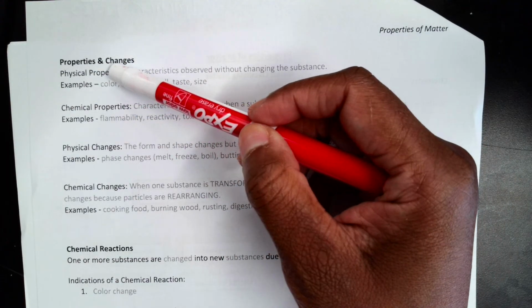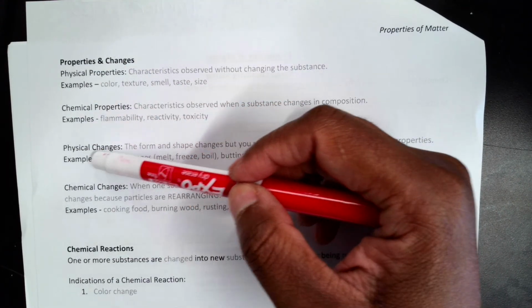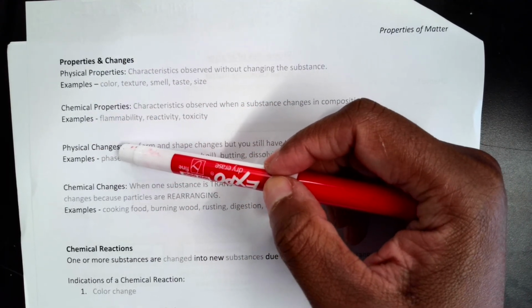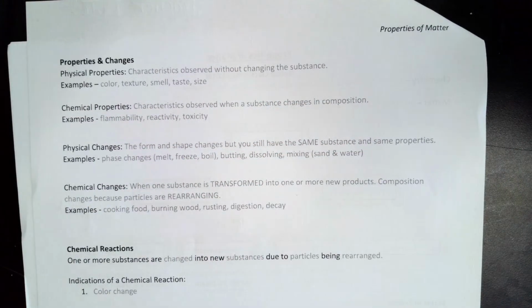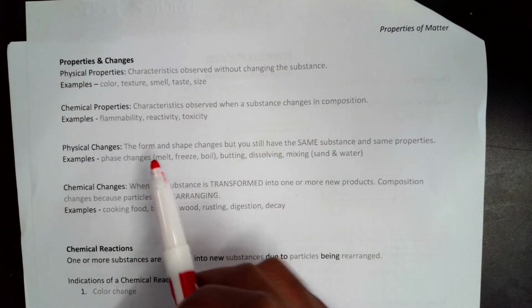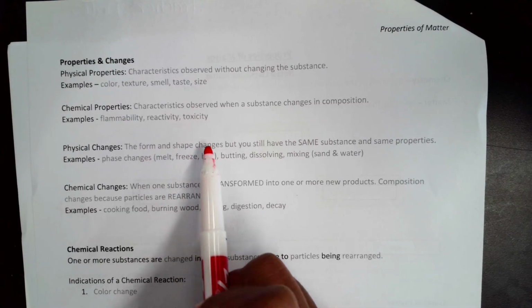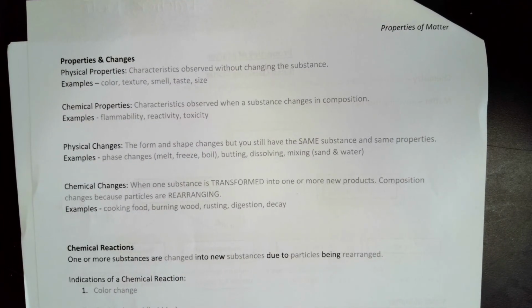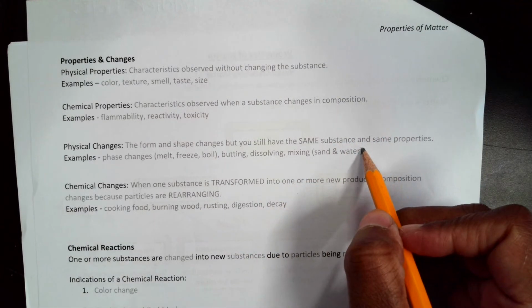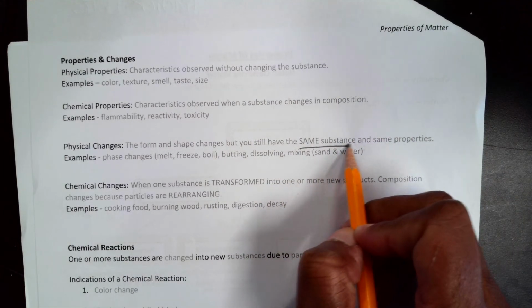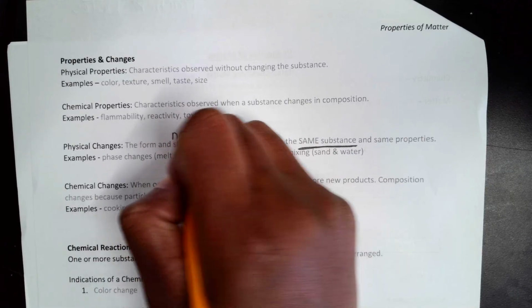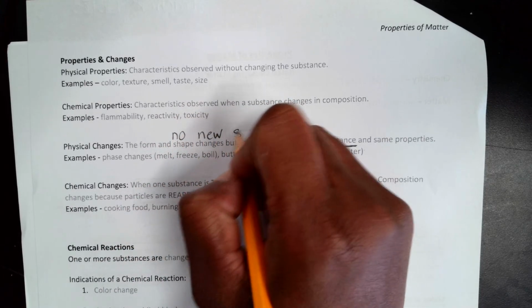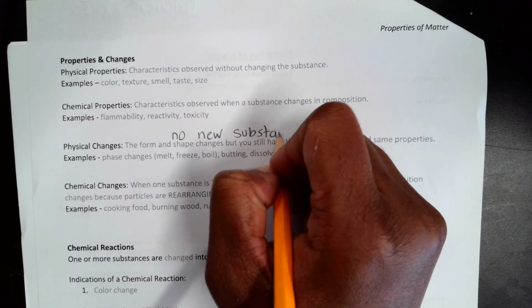So physical properties is very similar to physical changes. Chemical properties is very similar to chemical changes. With physical changes, the form and shape changes, but you will still have the same substance. No new substance is formed.